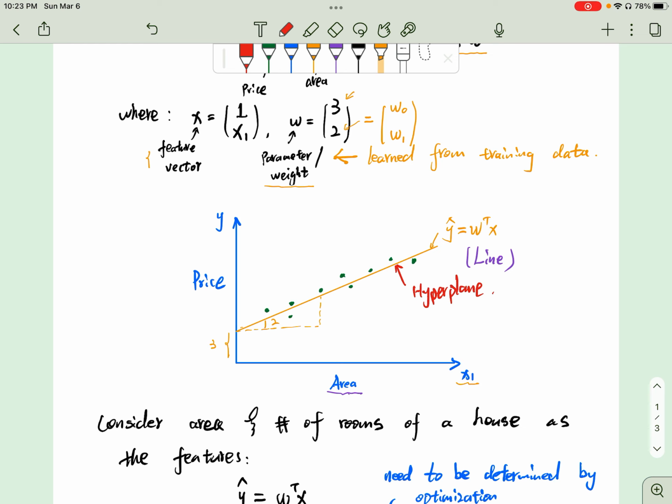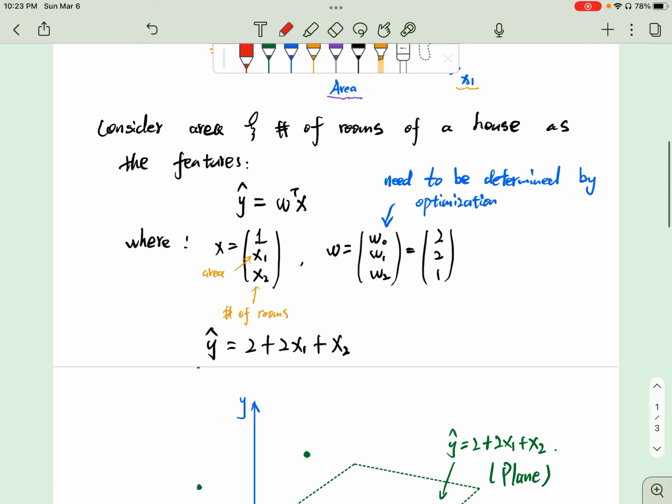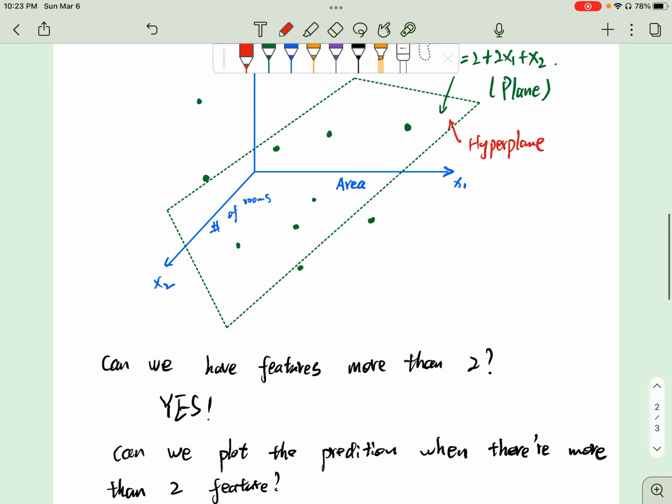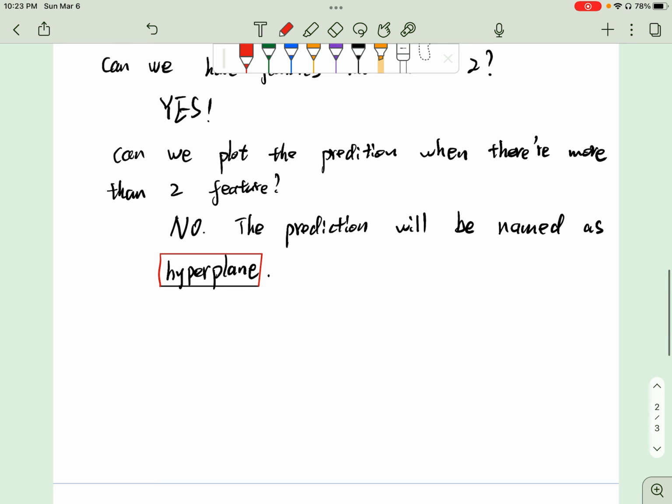So now we just have one name. We call our prediction a hyperplane. We don't care about how many features we have. It will make our life easier.